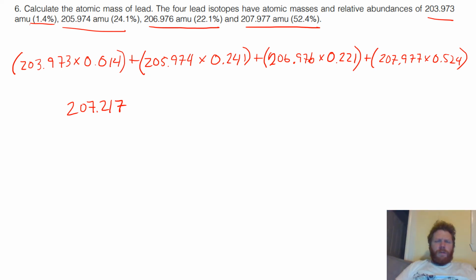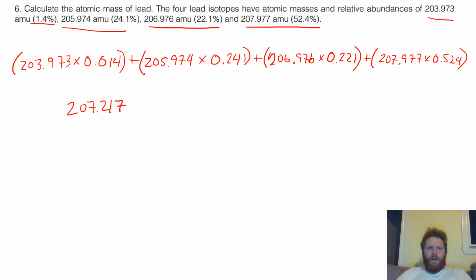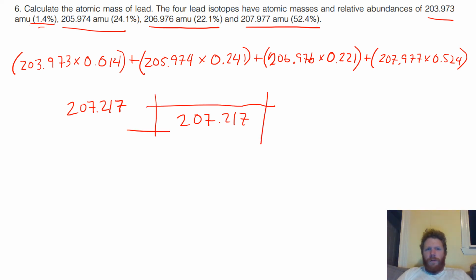I'm limited to 2 significant figures though, because if you look at this percentage there, that would make this 2 significant figures. So chances are your number is going to be somewhere in the neighborhood of 207.217. So that's how you do that.